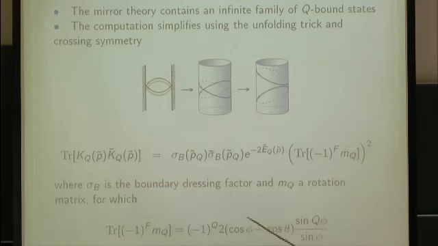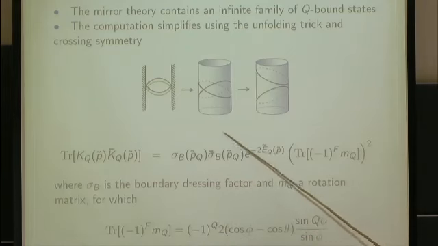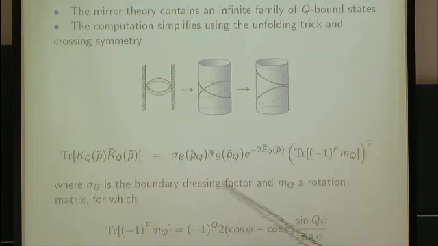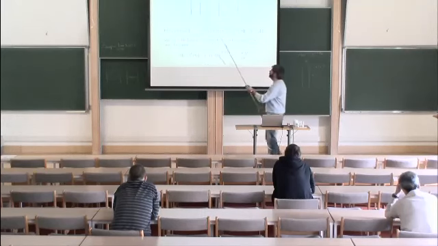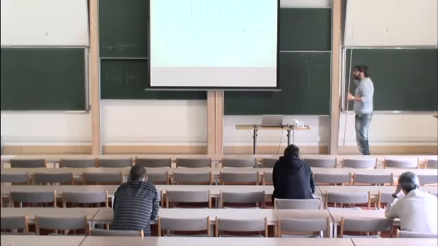Now what we need to do is just to consider this. Remember, I haven't shown this, but I will show you these dressing phases have a pole as p goes to 0. So we are going to be in this situation in which the Lüscher correction is dominated by the exchange of a single particle.